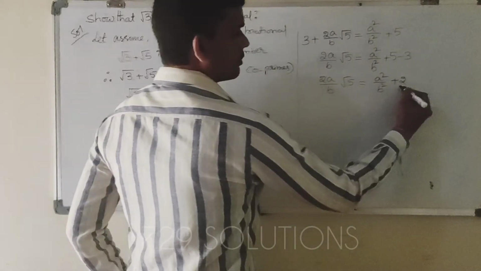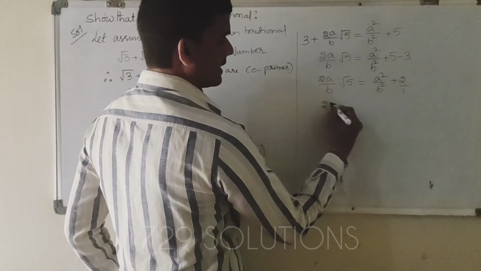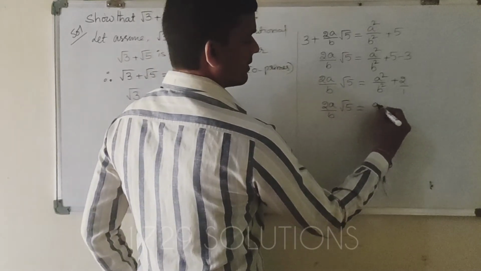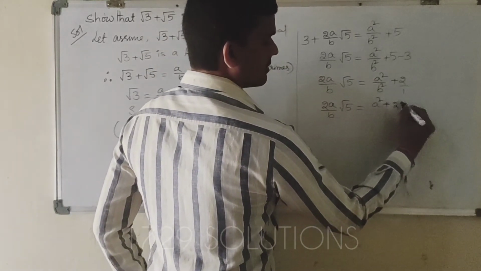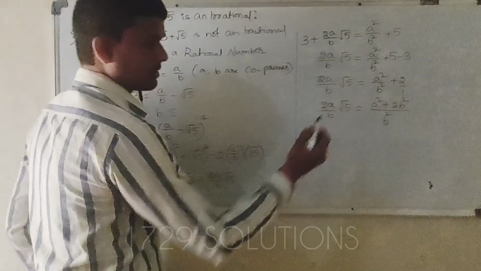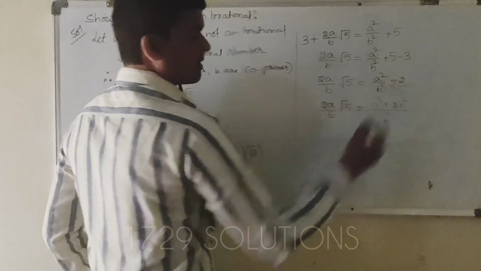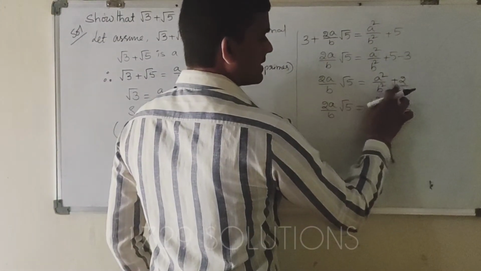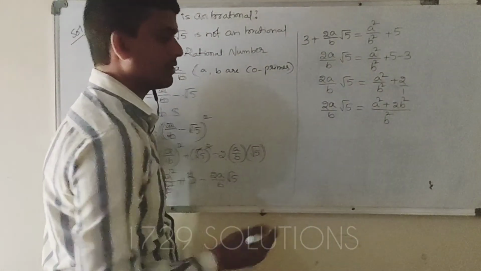Now I am going to do cross multiplication to make it a single term: a square plus 2b square by b square. Clear, everyone? This is a cross multiplication. Now it's a single term on the right side. So I want to send 2a by b to that side.